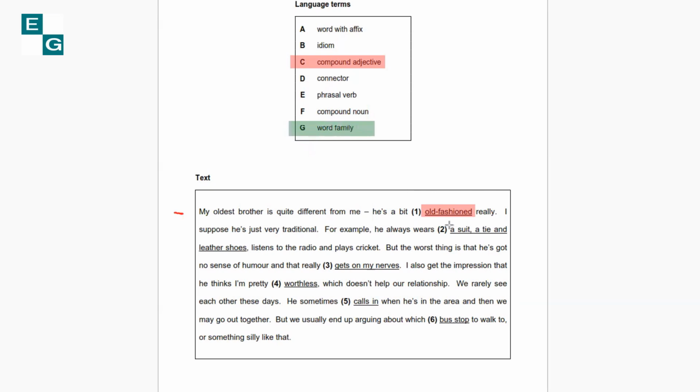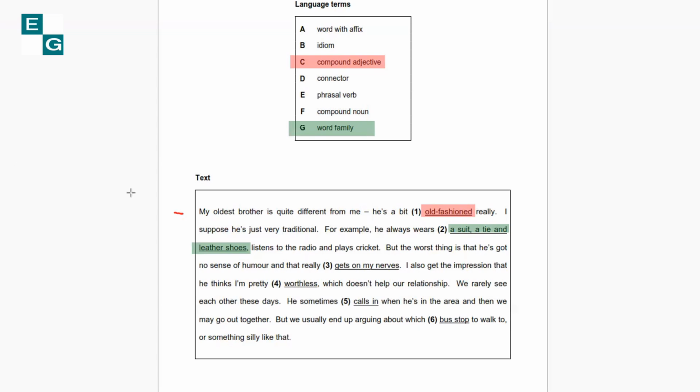A word family is this group of words that are related. I could think about suits, ties, and leather shoes as formal clothing. And that is what makes a word family.